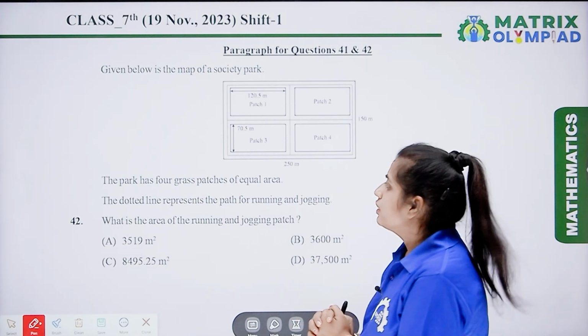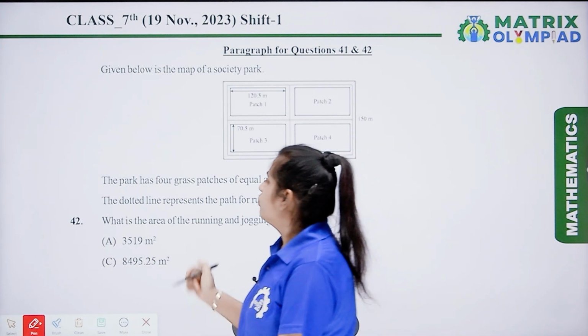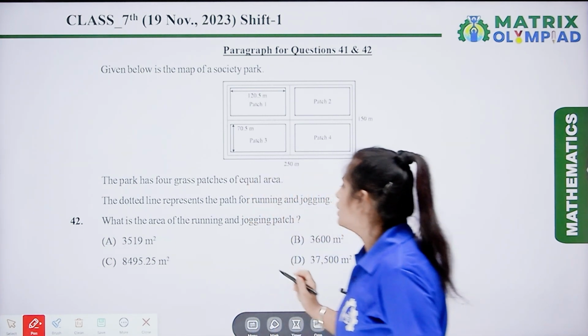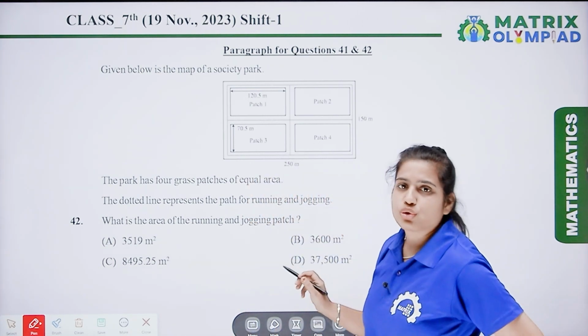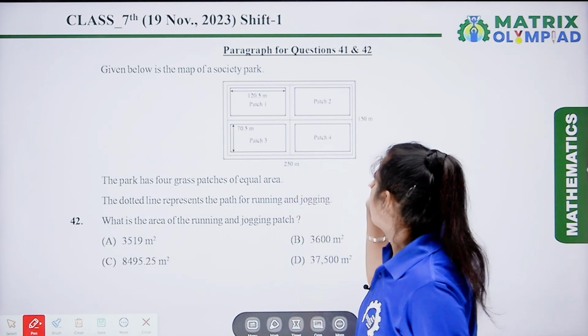Now the next question is 42. What is the area of the running and jogging patch? So here we have to find the area of the running and jogging patch.